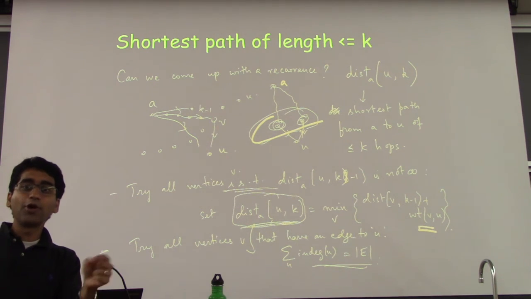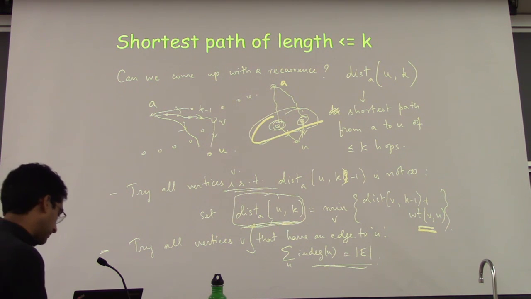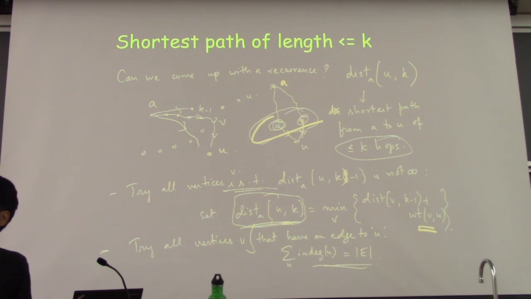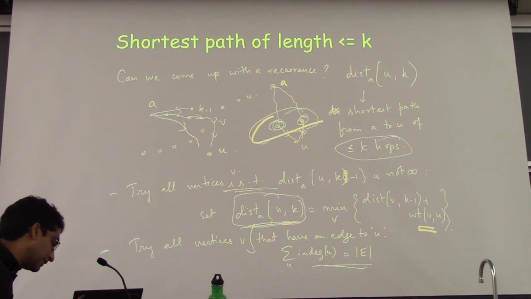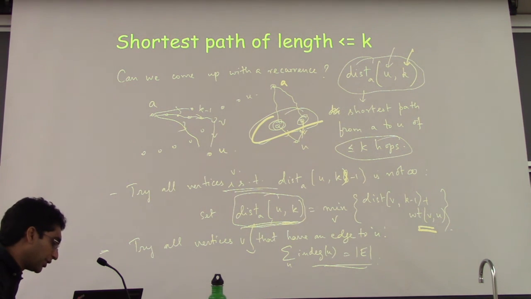And until what k do you have to do this? So k is, remember, the number of hops, right? So what we are saying is compute these quantities for every u and for every k. What we are actually interested in is just the shortest distance, right?